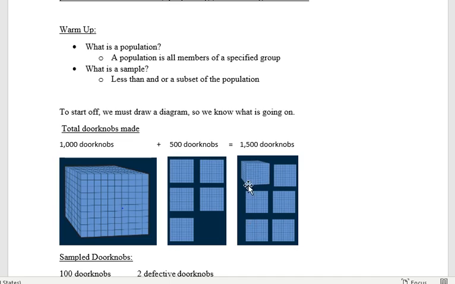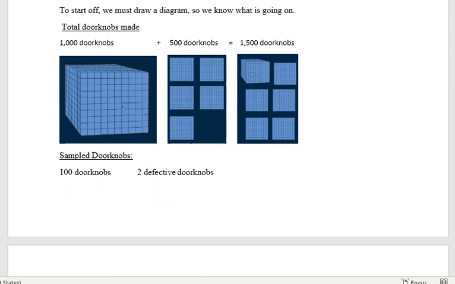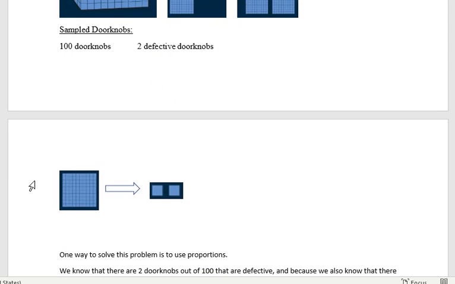If 100 doorknobs were selected at random from this population, so let's say 10 were chosen from here, 10 were chosen from here, 20 were chosen from here, 5 were chosen from here, 15 were chosen from here, and so forth, then we get the 100 doorknobs that were randomly sampled. Out of these 100 sampled doorknobs, we found 2 that were defective.